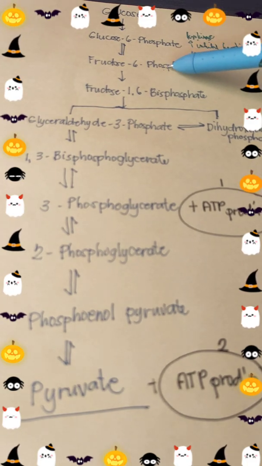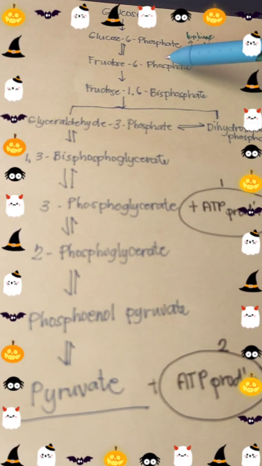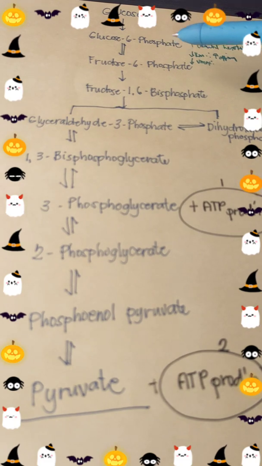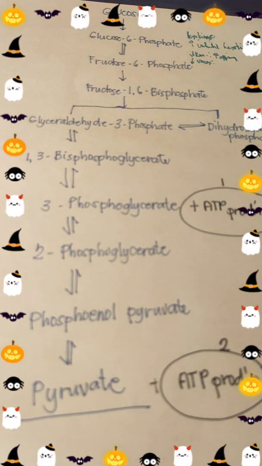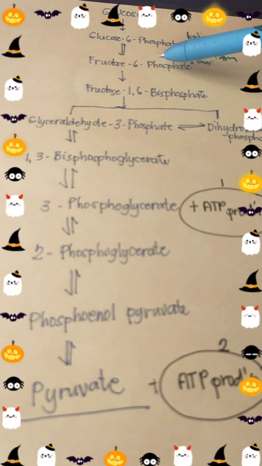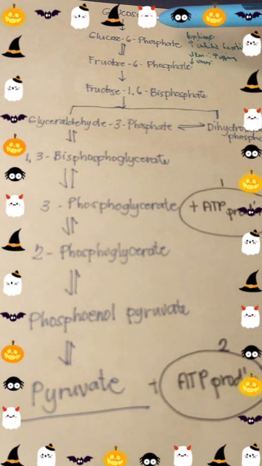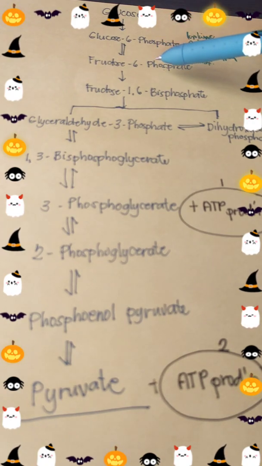So, the isomerization is brought about or catalyzed by phosphoglucose isomerase. Okay? Take note that this reaction is reversible and is not rate limiting. Okay? Again, your glucose 6-phosphate will be isomerized to become fructose 6-phosphate.